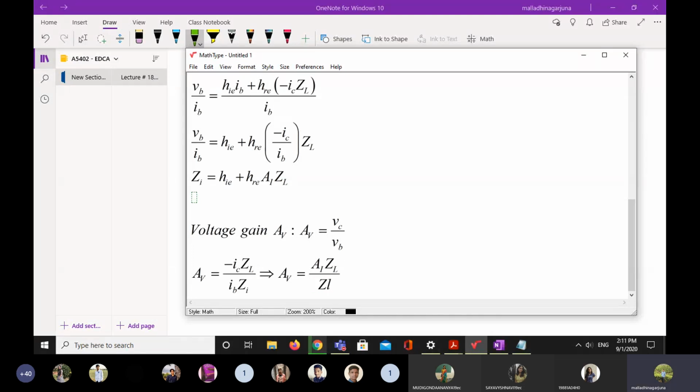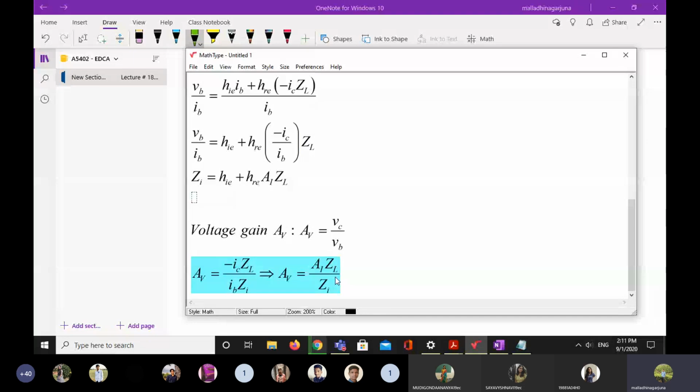Divided by ZI, keep ZL by ZI as it is. In place of minus IC by IB, you substitute AI, the current gain. So current gain AI into ZL by ZI is our voltage gain AV. Simple.